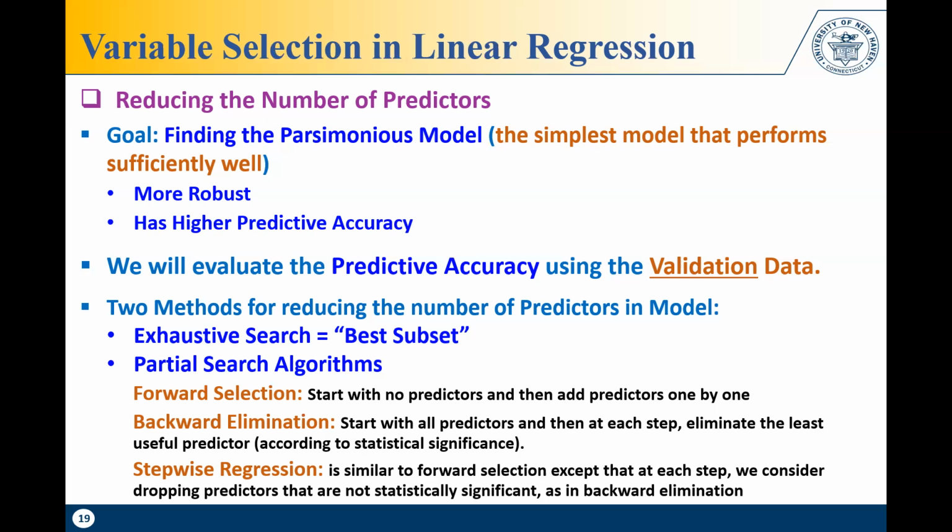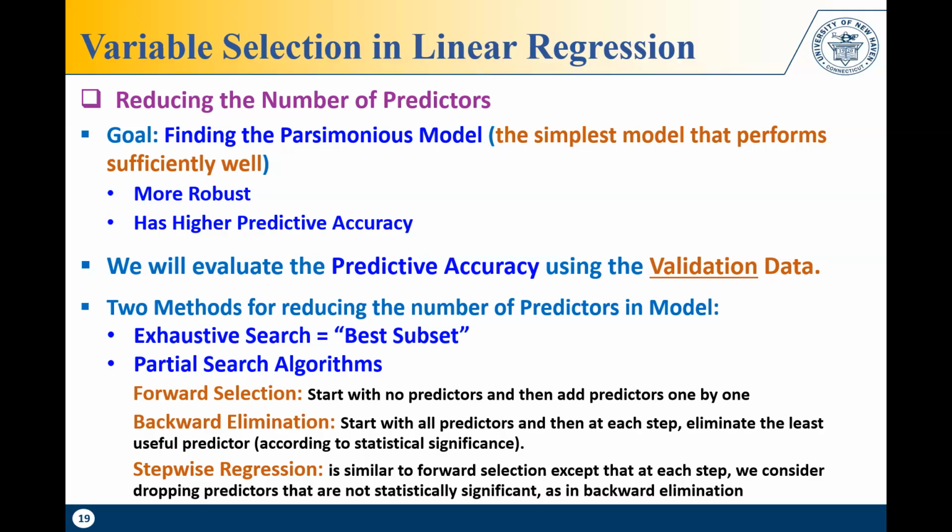There are two methods for reducing the number of predictors in the model. The first one is exhaustive search. The other one is partial search algorithm. For the partial search algorithm, we have forward selection, backward elimination, and stepwise regression. In forward selection, we start with no predictors and then add predictors one by one.